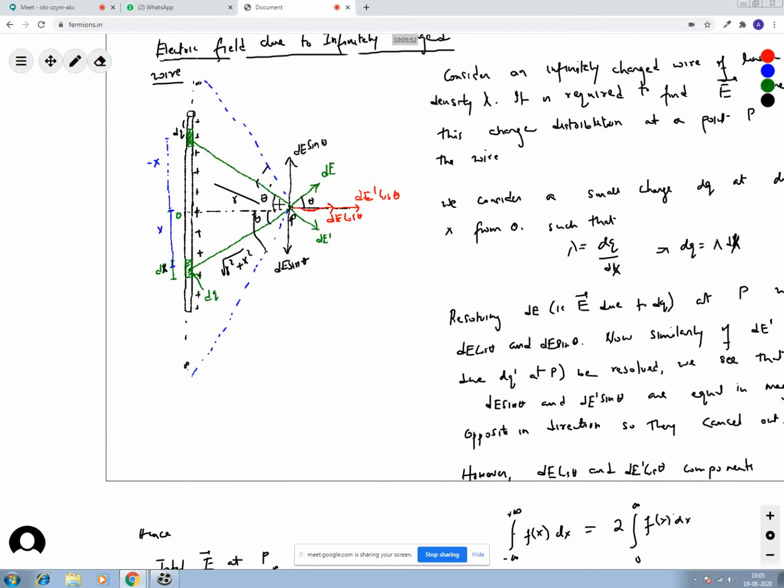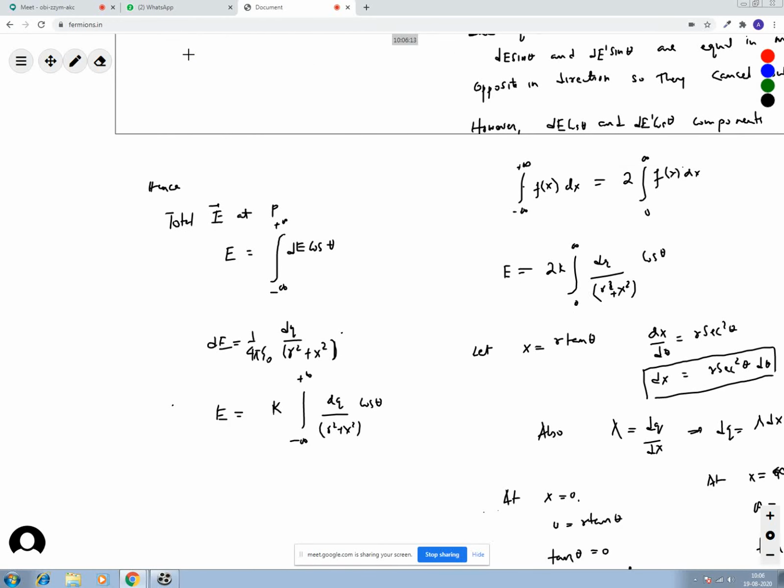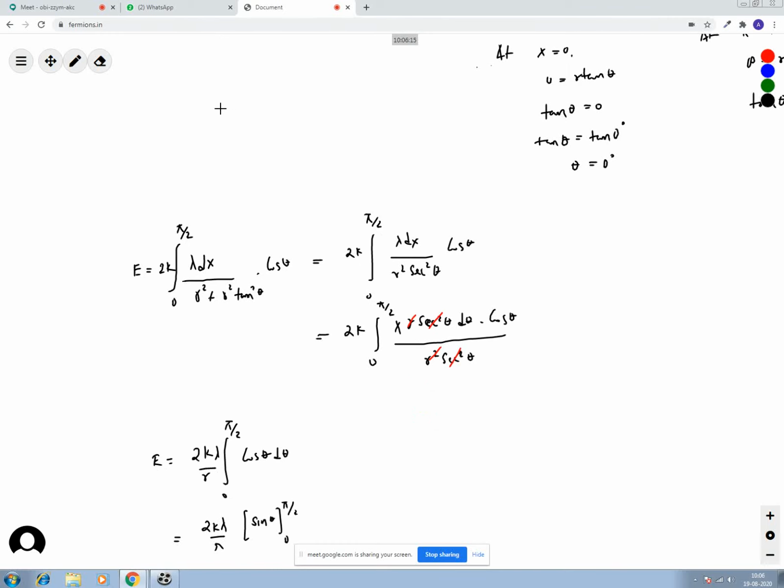So this is the interval we are choosing, from 0 to 90, or minus pi by 2 to plus pi by 2. Mathematically we are increasing theta from 0 to 90 degree, or minus pi by 2 to plus pi by 2. Okay? So then let's see what we get here.